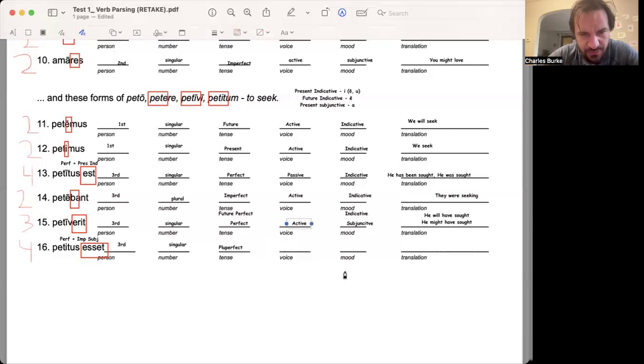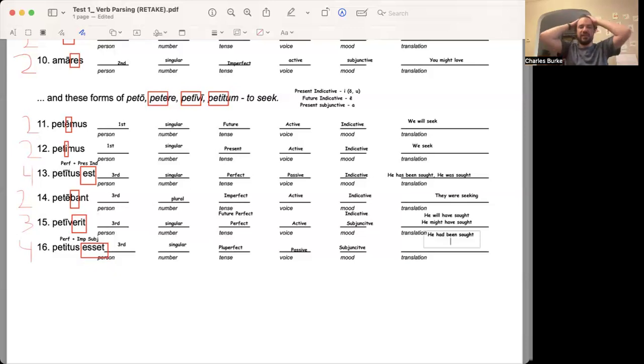Fourth principal part, you should expect it to be passive because it's from the perfect passive participle. And then esset is subjunctive, so this will be subjunctive. Your pluperfect passive subjunctive. I am fine with you translating the pluperfect subjunctive indicatively and hearing that had. He had been, for passive, sought.